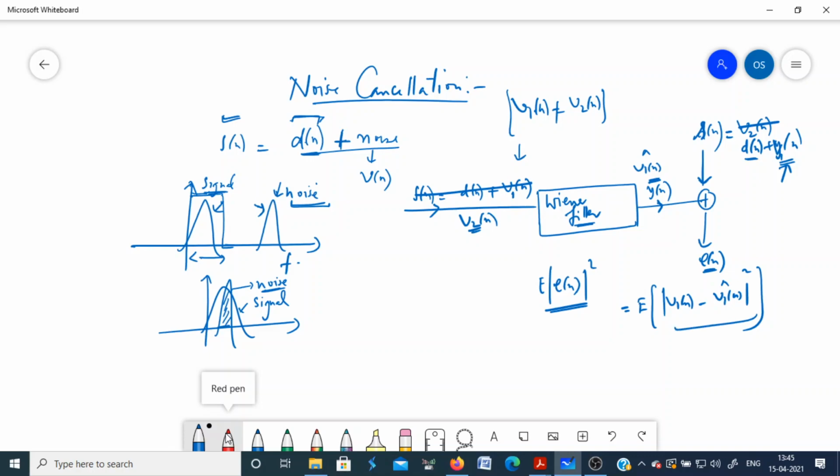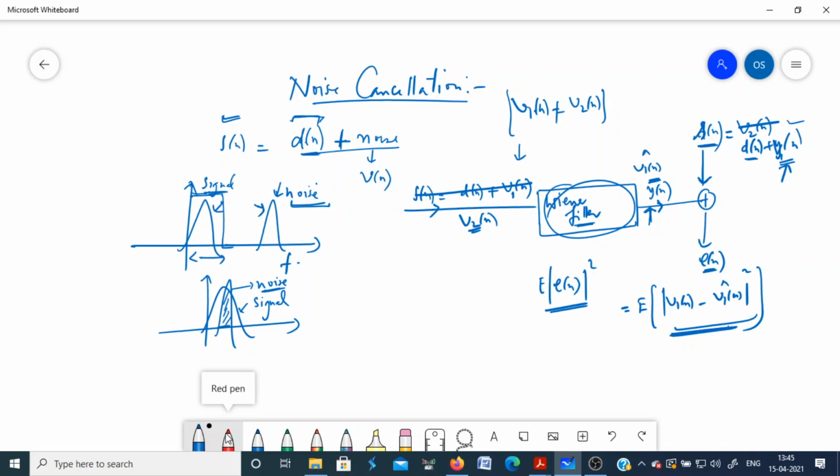So when the filter operates in the optimum sense, this error will be minimum. If this error is minimum, it means the output of the filter is a very good approximation of the noise present in the signal. In general, you can say that the output of this Wiener filter gives you an estimate of the noise present in the input signal.